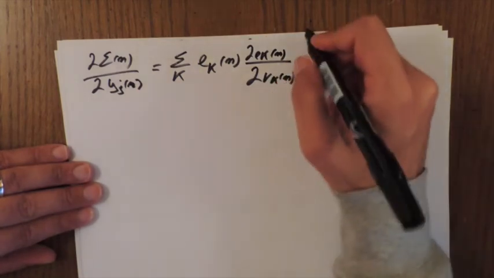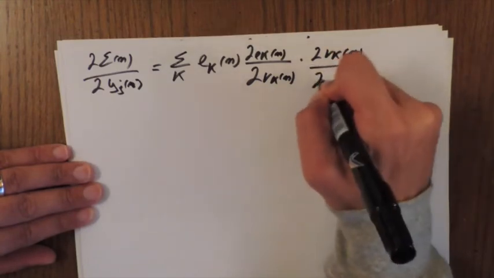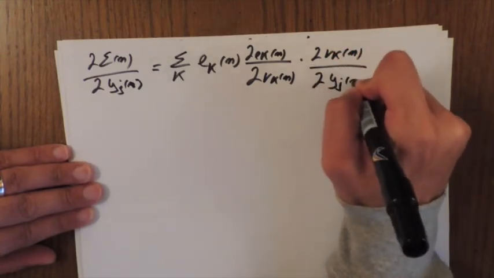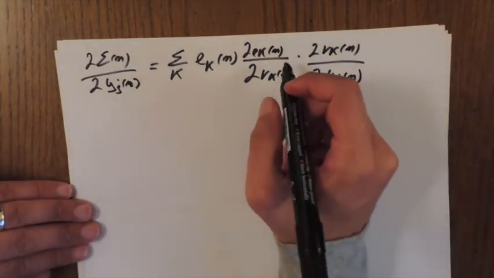So I'm just copying the formula again with respect to yj of n. Now, let's take each parameter by itself.